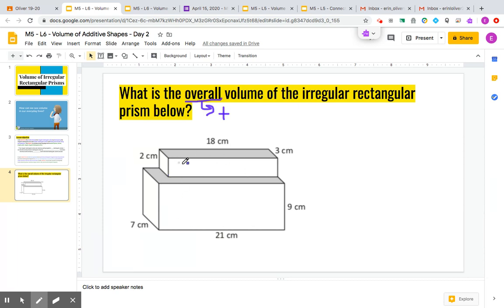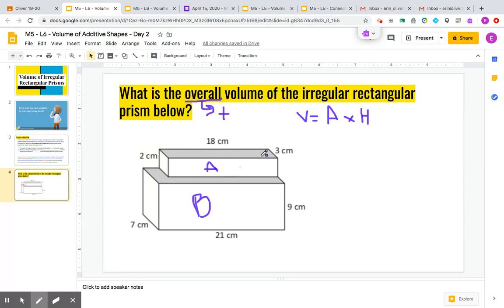I clearly see one rectangular prism on the top and one on the bottom. So let's find our volume of what I'm going to call rectangle A and rectangle B. Now, there's two ways to find volume. We could do volume equals base area times height, but I don't have my base area given.